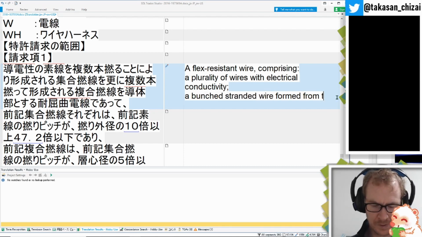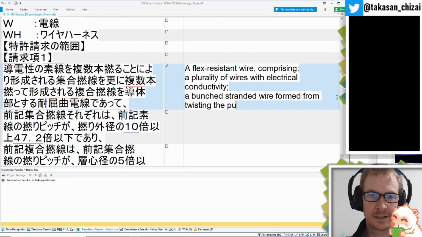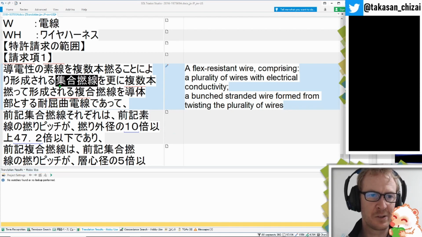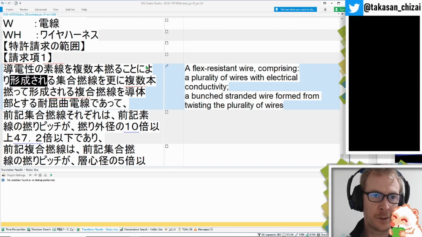From twisting the plurality of wires. So here we introduced this new element, the bunched stranded wire, and we described it as being formed from, formed by.